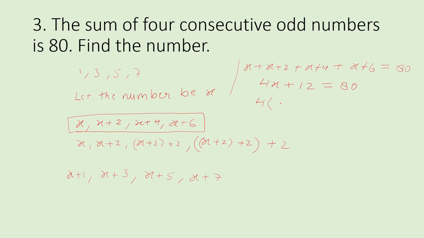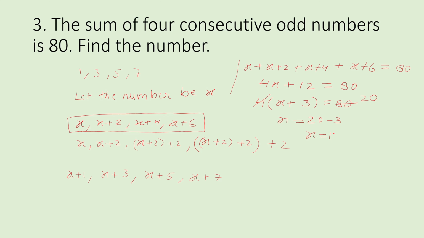4 can be taken as common. Then x plus 3 is equal to 80 divided by 4. 4 1s are 4, 4 2s are 8, and 0, 20, right? Then x is equal to 20 minus 3.